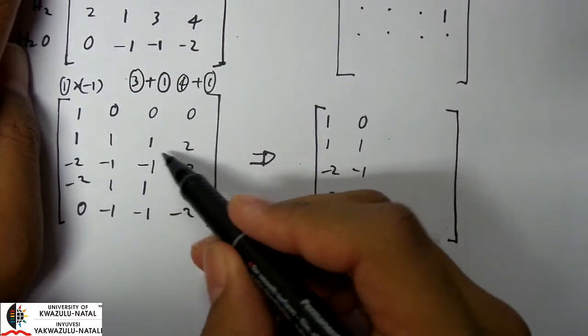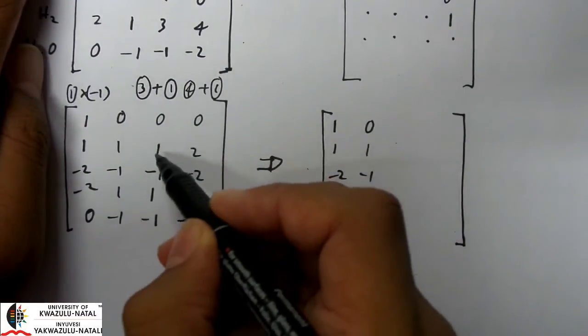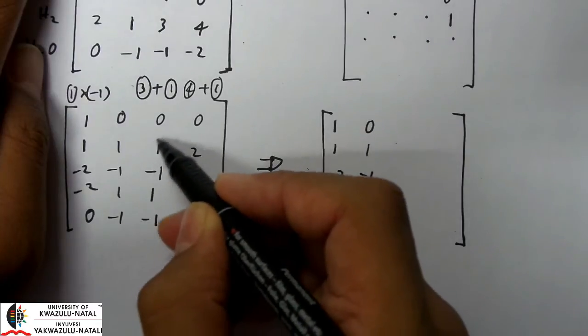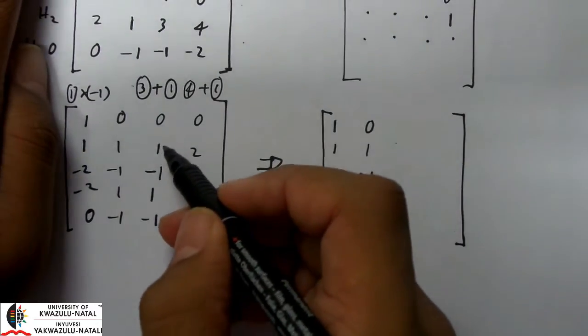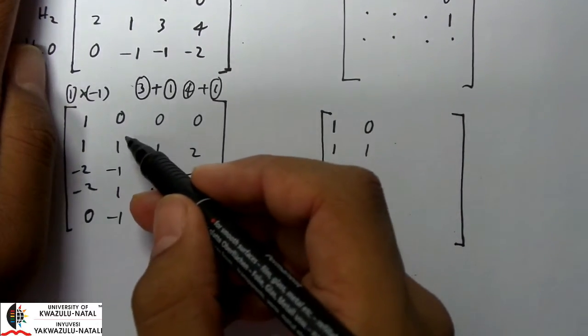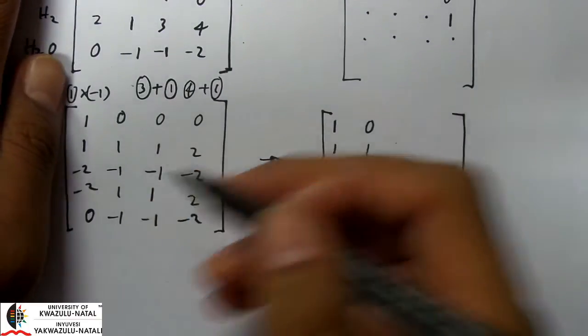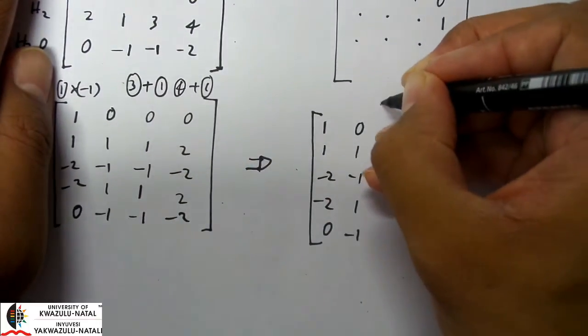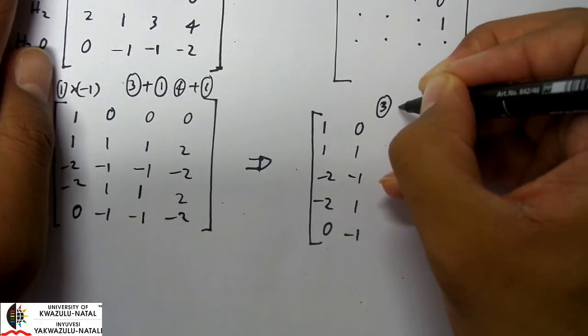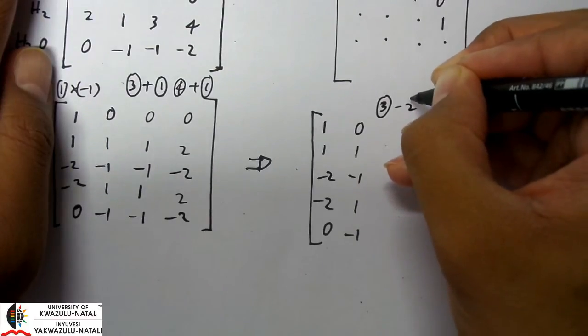However, in order to make this 1 here into a 0, I am going to subtract it from column 2. Okay, so that will be column 3 minus column 2.